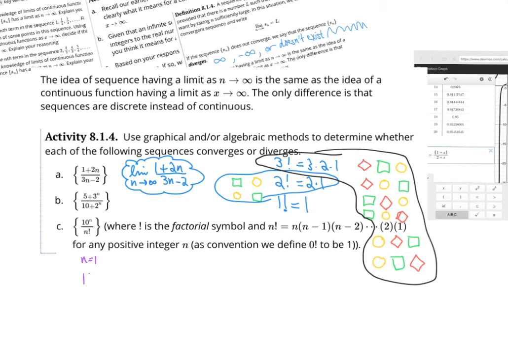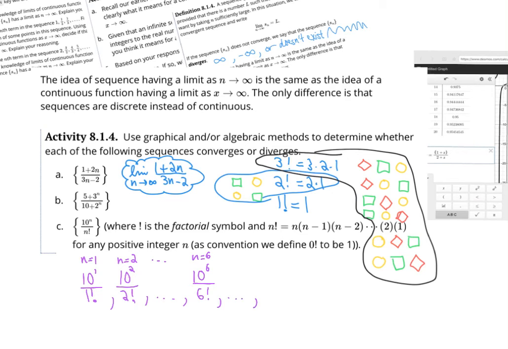For n equals 1, it would be 10 to the 1 over 1 factorial. For n equals 2, you'd have 10 squared over 2 factorial, and so on. Let's say you consider 10 to the 6th over 6 factorial, when n equals 6.